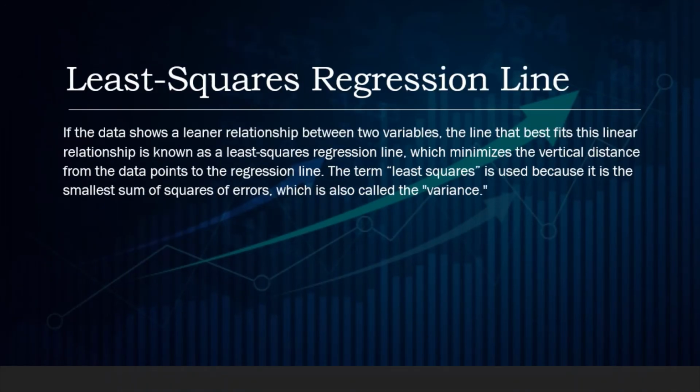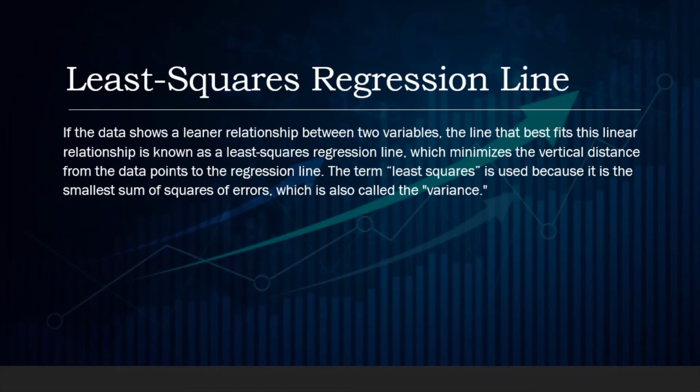Least squares regression line. If the data shows a linear relationship between two variables, the line that best fits this linear relationship is known as a least squares regression line, which minimizes the vertical distance from the data points to the regression line.